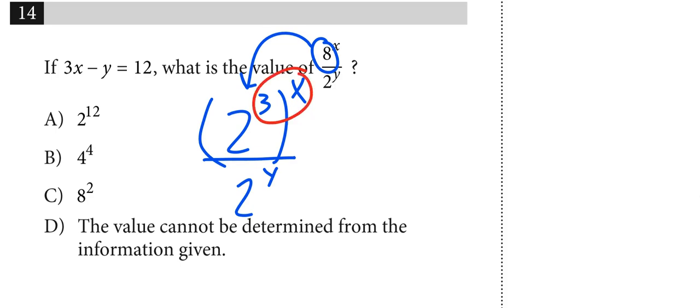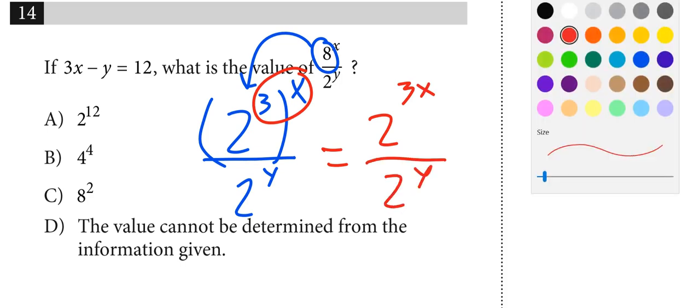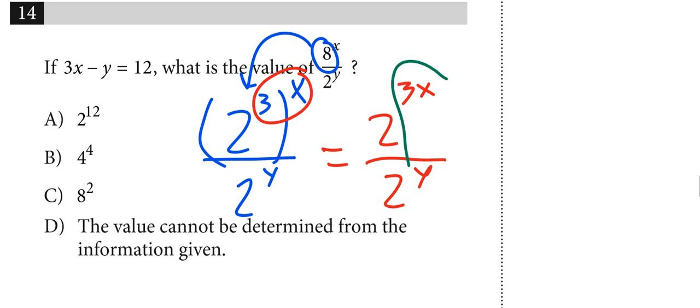What am I allowed to do with those two exponents that I just circled in the red? Multiply, that's 2 to the 3x, right? Over 2 to the y power. Now, what am I allowed to do with the two exponents that I circled in the green? Because I'm dividing by like bases. What am I allowed to do with those?